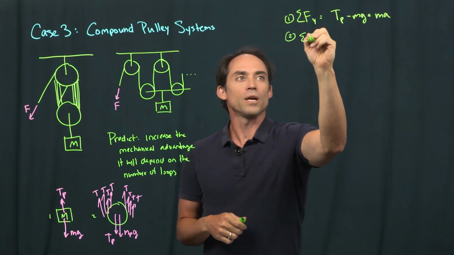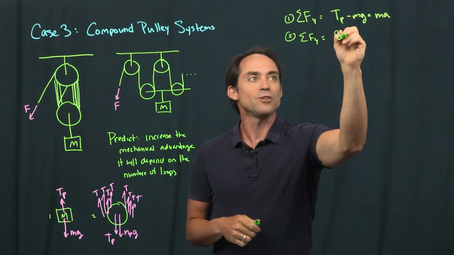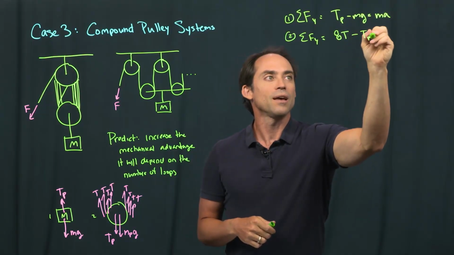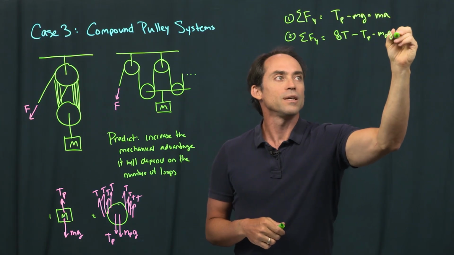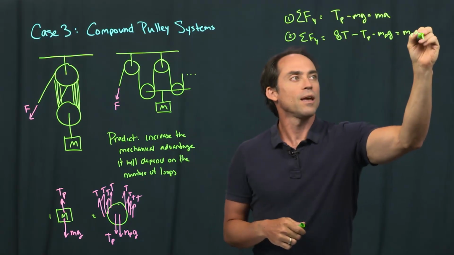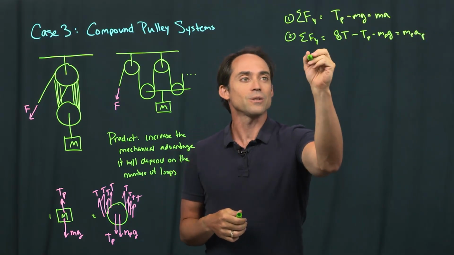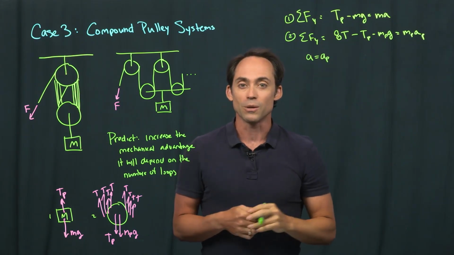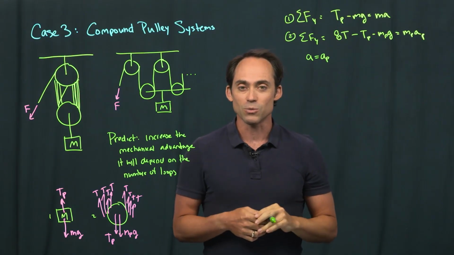And for the pulley wheel, we've got 8 tension forces minus our T_P and minus the weight of the pulley wheel is equal to its mass times its acceleration. And we have exactly the same constraint equation as we had in the last case, where the acceleration of the mass is equal to the acceleration of the pulley wheel. And so that allows us to solve for our equations exactly the same way as we did before.